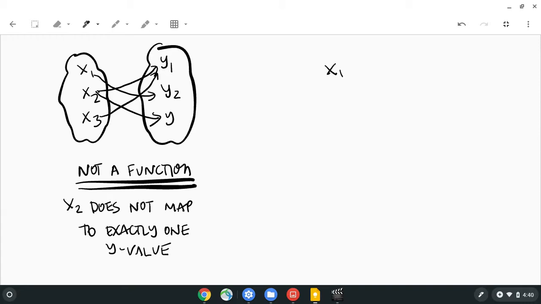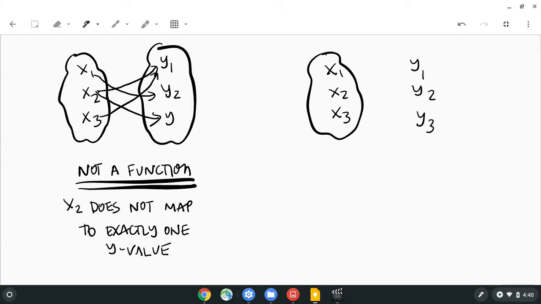Let me show you another one. Okay, suppose that I have these x values here. Okay, and suppose that I have these here. Okay, and suppose that x1 gets mapped to y2. So far, so good.